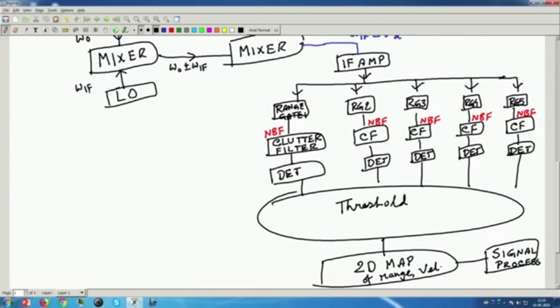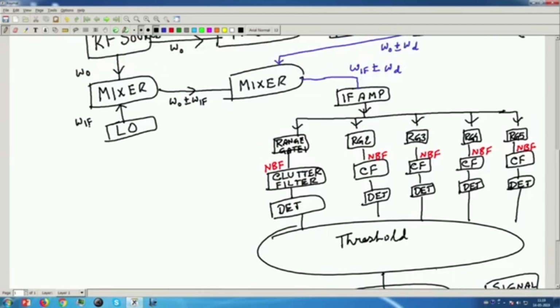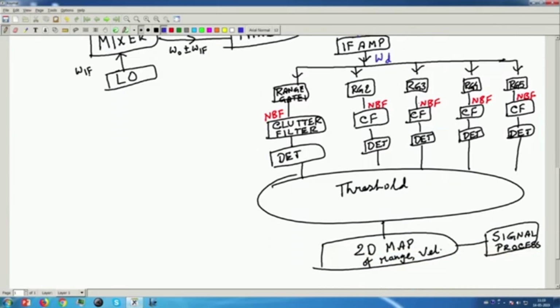You see that after this IF amplifier we can get this Doppler filter, and it is also having the range information. So, this is the block diagram, this I have not given in the last class.